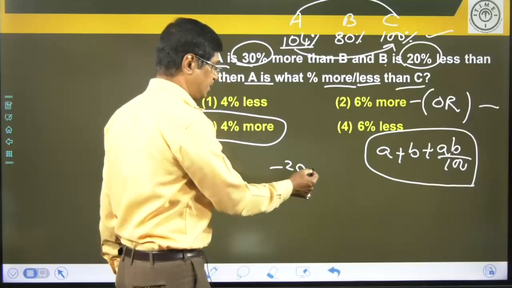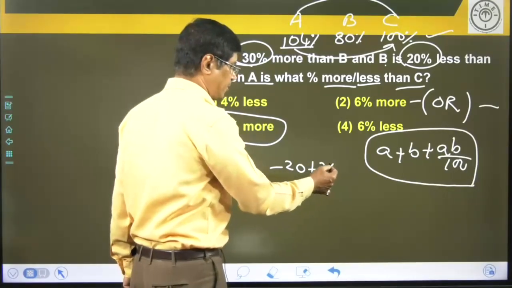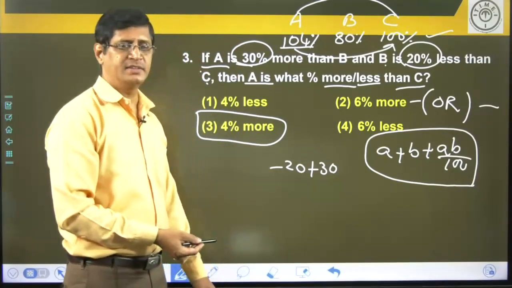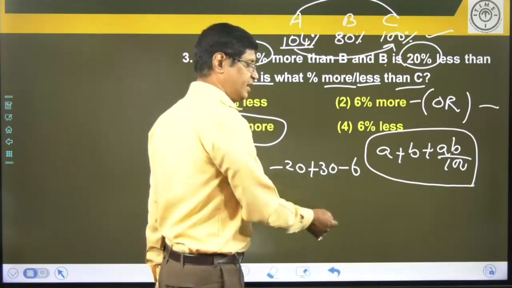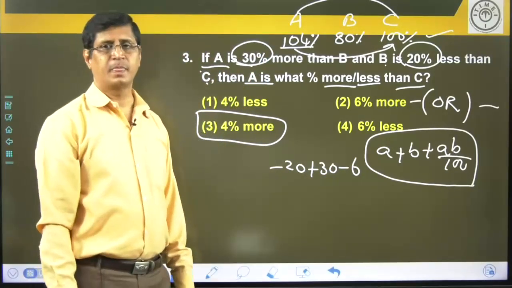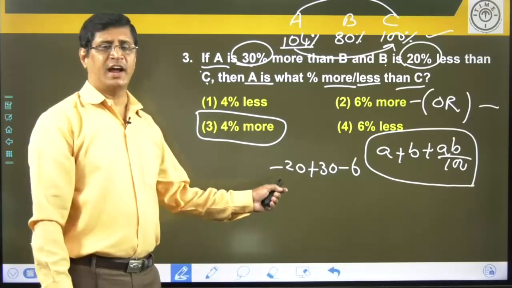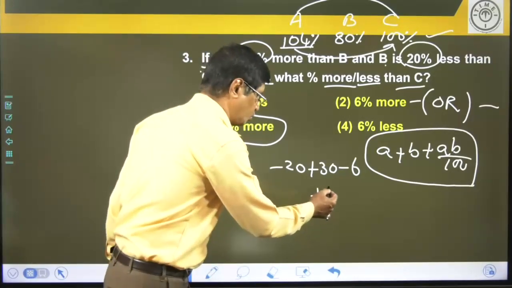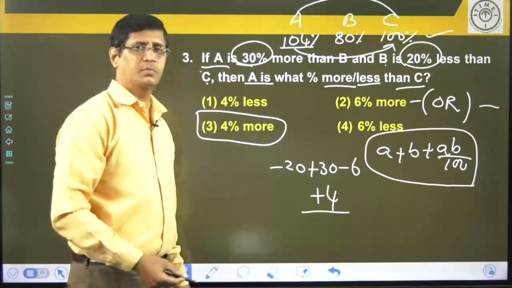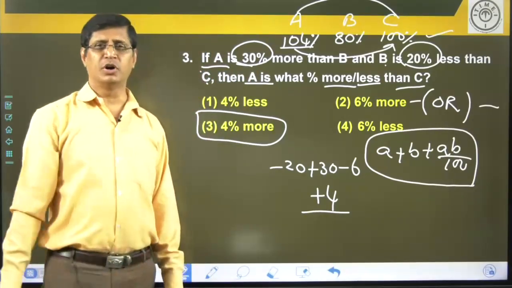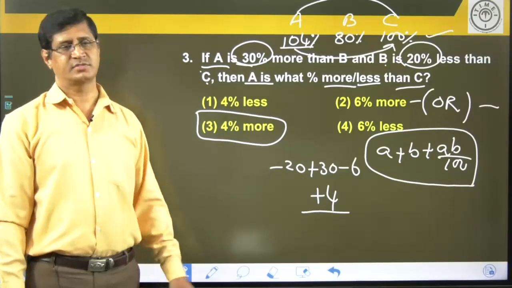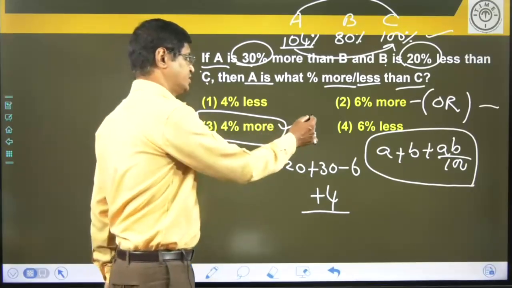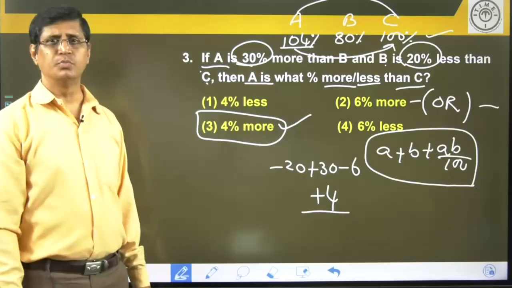Minus 20 plus 30, minus into plus, that is minus. 30 into 20, it is 600. 600 by 100, it is 6. Just by adding all these, we get positive 4. Positive 4 means the positive sign implies increase. Negative sign implies decrease. So what is the answer? Choice 3 is the answer. So these are the two possible ways.